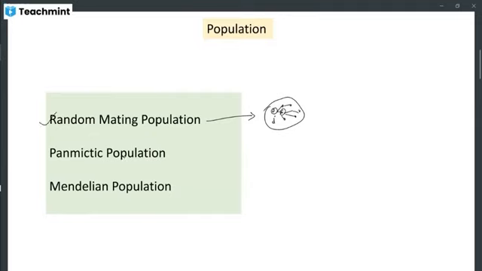This random mating population is also known as a pan-mictic population or Mendelian population.